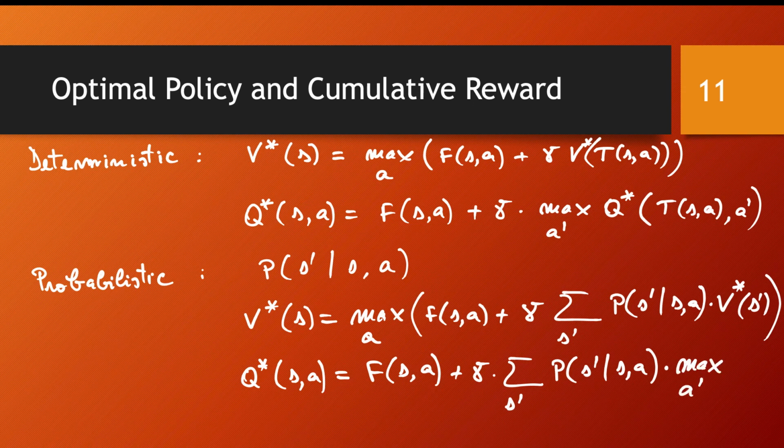So it's going to be a matter of maximizing over all possible actions A prime and taking Q star of S prime and A prime. And this is again very similar to what we had before, except that there the next state was uniquely determined by the function t.